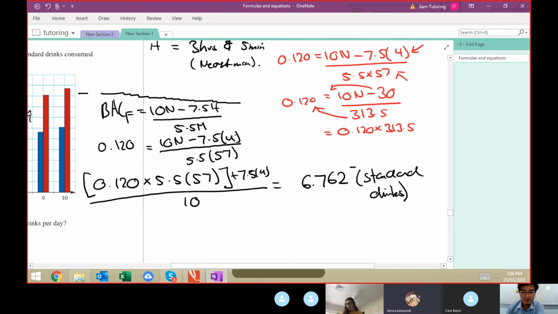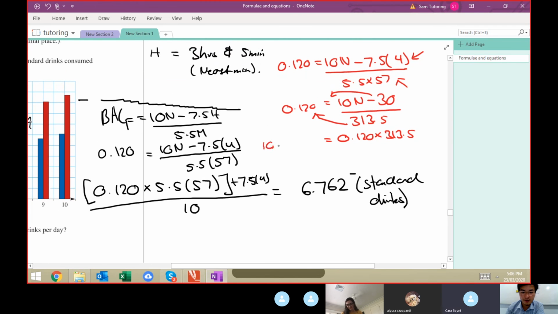So right here we get 37.62, and then you add the 30 across and you're done. Well, after you divide by 10 as well. Answer divided by 10, and you get this number, okay?